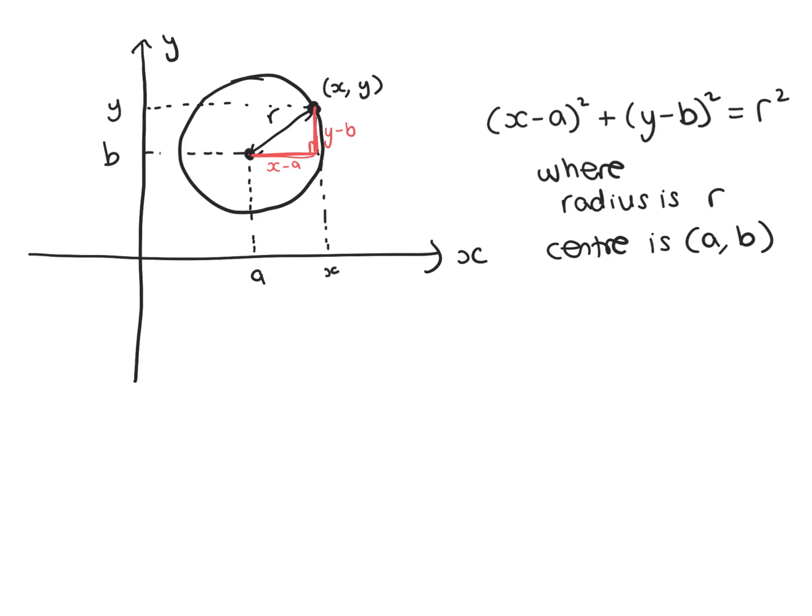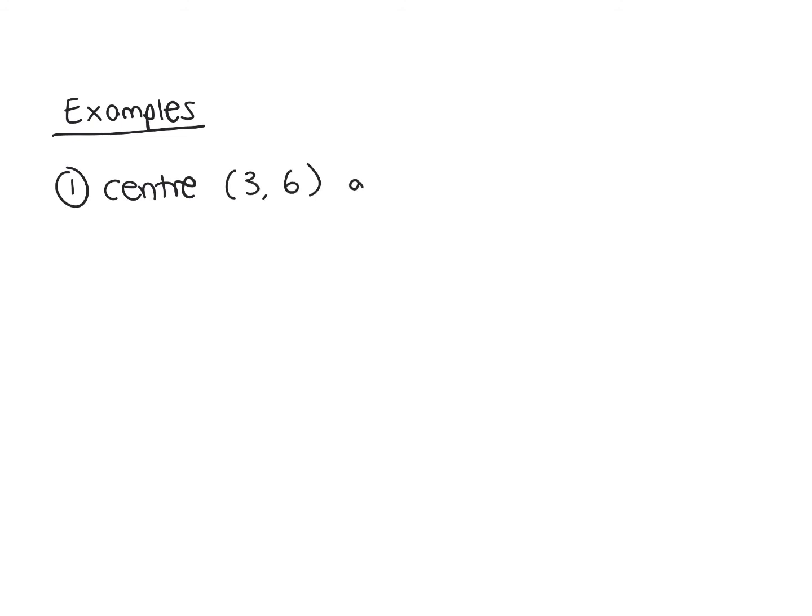Okay, let's just do one little example of this then. So for my example, let's do two. Question one would be, if I want to work out the general equation of a circle that has centre 3, 6 and radius 5.